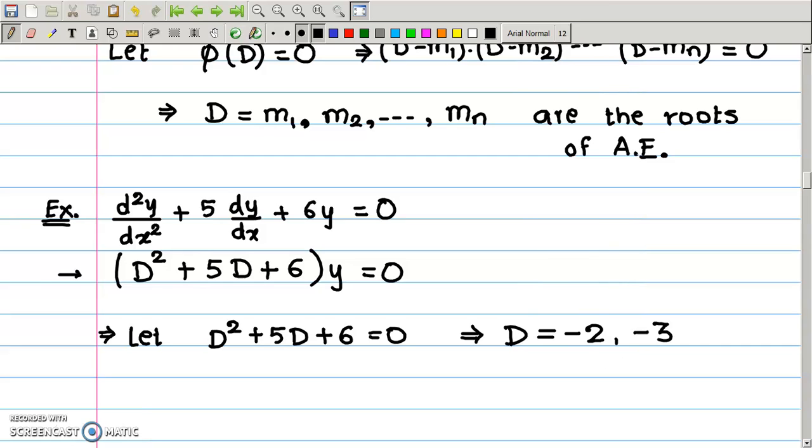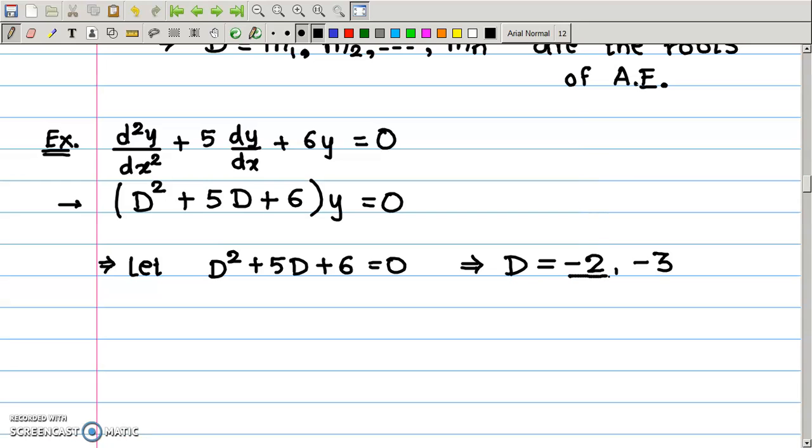That is, D plus 2 and D plus 3. The product of these two linear factors will be the polynomial. So we got two real roots. So we can consider the given differential equation as D plus 2 into D plus 3 y equal to 0.